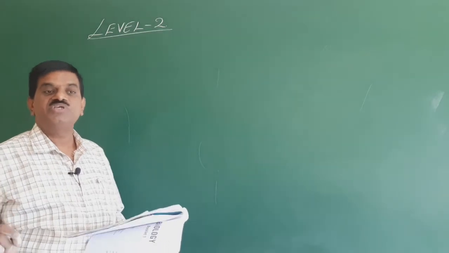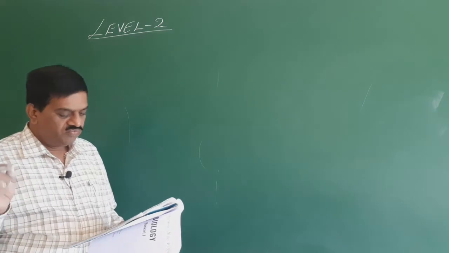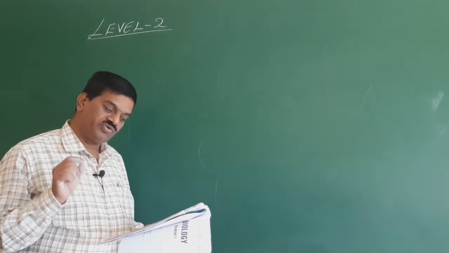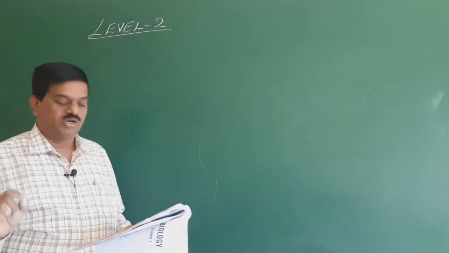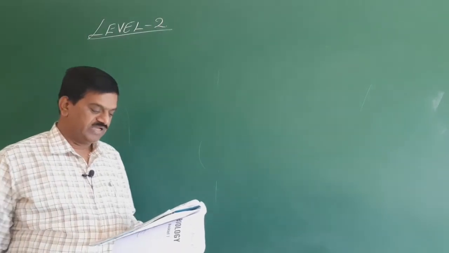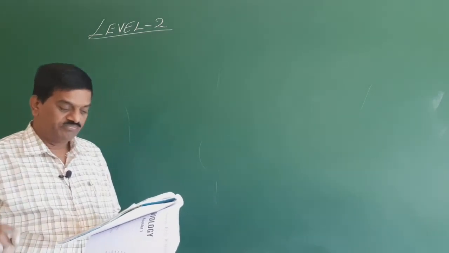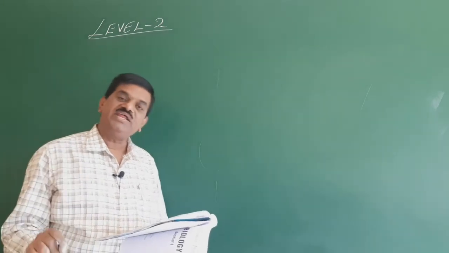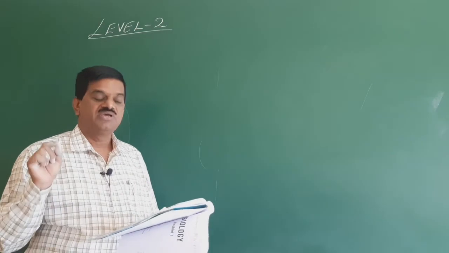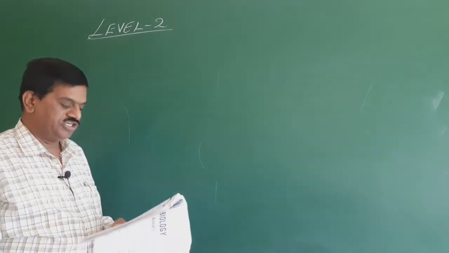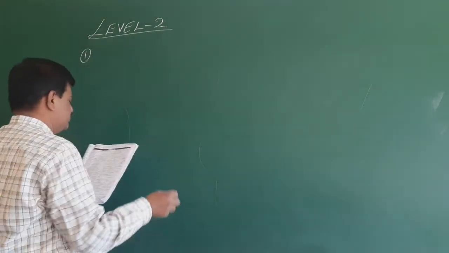Indehiscent means it cannot throw out the seeds by itself, because the pericarp and the seed coat are fused, and it is formed from a monocarpellary gynoecium. I will repeat this. Here the fruit is small, a dried one-seeded fruit. Pericarp and the seed coat are fused and it is formed from the monocarpellary gynoecium.